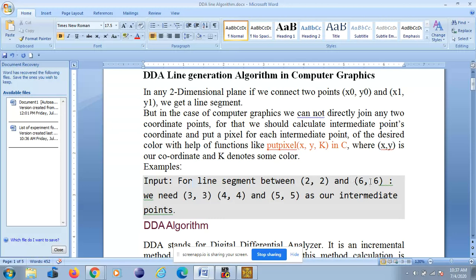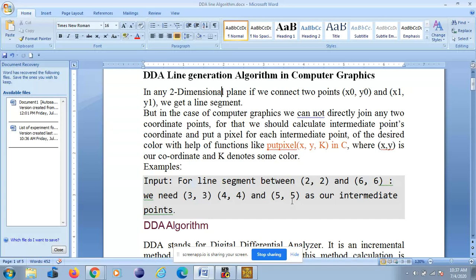Then how many intermediate points should we calculate? To draw the line segment between 2 comma 2 and 6 comma 6, we need three intermediate points, that is 3 3, 4 4 and 5 5.